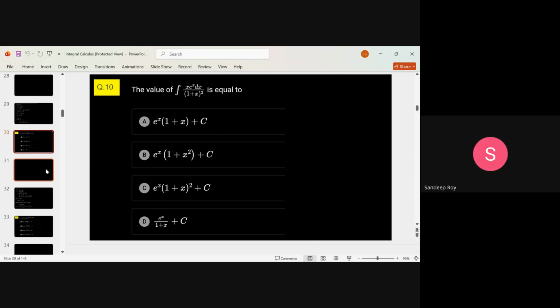This type of question you already solved in the previous one. So the same formula you need to use, that is e to the power x whole into f of x plus f dash of x. That one you need to use here. This is also quite an easy question.